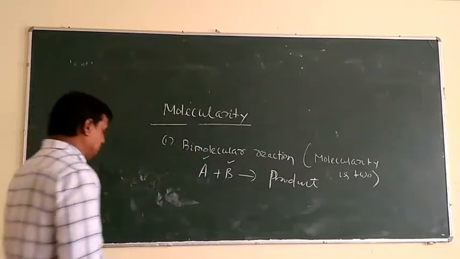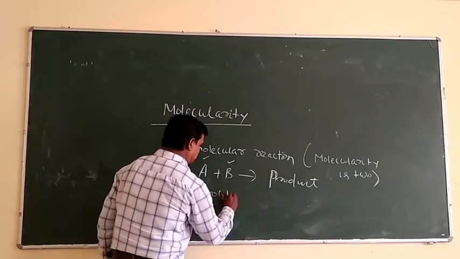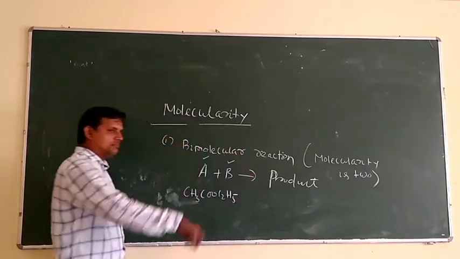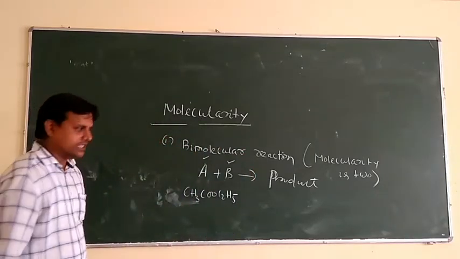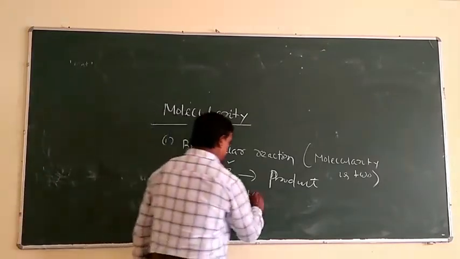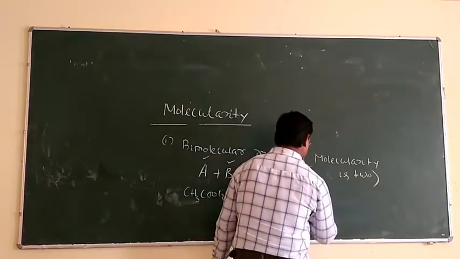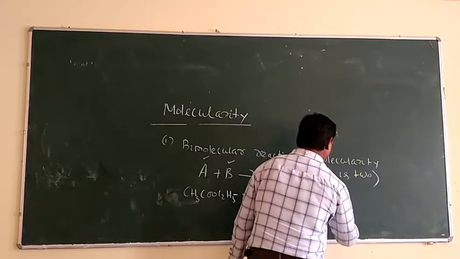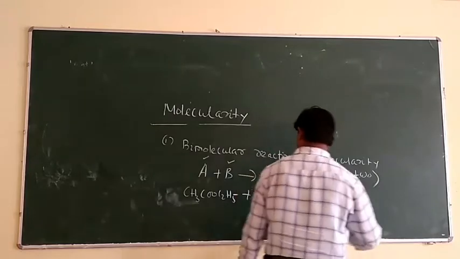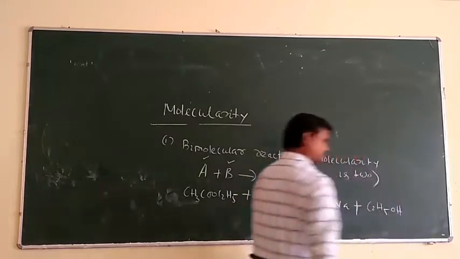For example, take the hydrolysis of ester in alkaline medium: ester plus alkali is forming CH3COONa plus C2H5OH.